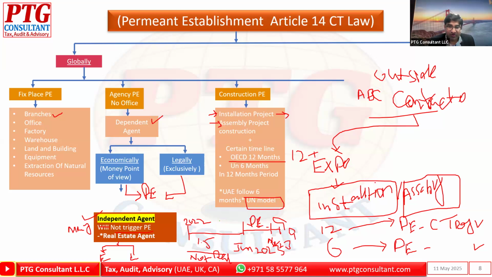So the scenario is that the timeline is associated with 6 months of continuous working in UAE, in any 12 months, any 6 months we have to consider. During this period, if they are continuously working in UAE, then they have met the condition, so they have to go for CT registration.